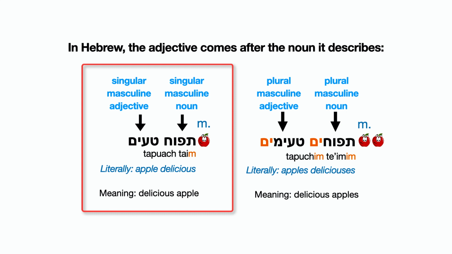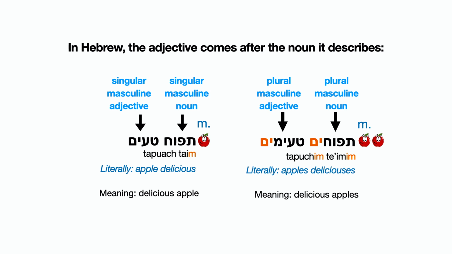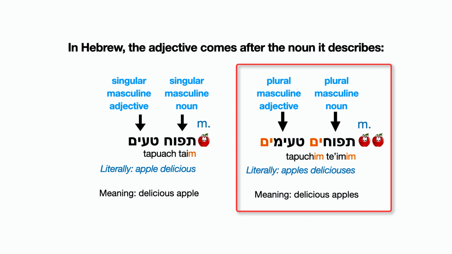Tapuach means apple. That's the noun. And if we want to say that that apple is delicious, we say ta'im. Tapuach ta'im. And same for the plural versions. So if we want to say delicious apples, we say tapuchim. We say the noun first.